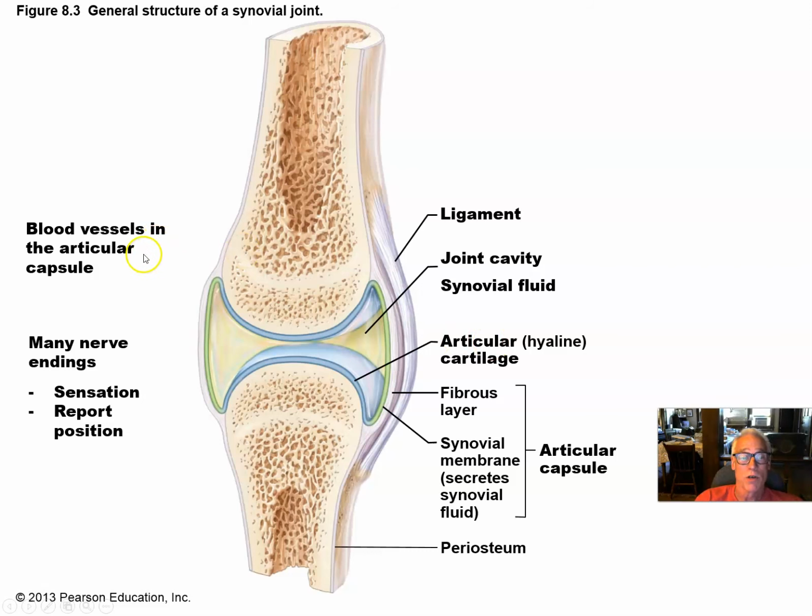The synovial joints also have, as we've already mentioned, a lot of blood vessels, which we knew were in there in order to produce the synovial fluid. So you could say it has a rich vasculature. And finally, synovial joints have a lot of nerve endings, sensory receptors. And there's two reasons for that.